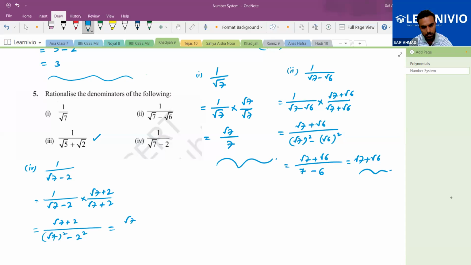Root 7 plus 2 upon a square. Root 7 square is 7 and 2 square is 4. So root 7 plus 2 upon 3. Understood? Yeah. Yes.